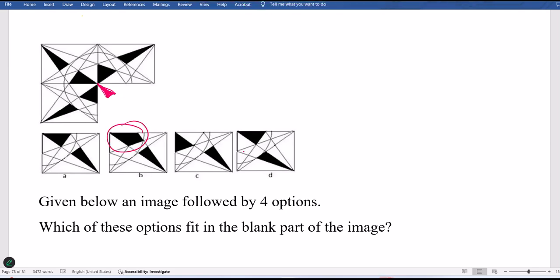This is not a triangle shape. We need a triangle shape. Right. In the same line shading is required. This is in two different lines. Same line shading is required, but this is in two different lines, so not okay. And on this side we need that shading.